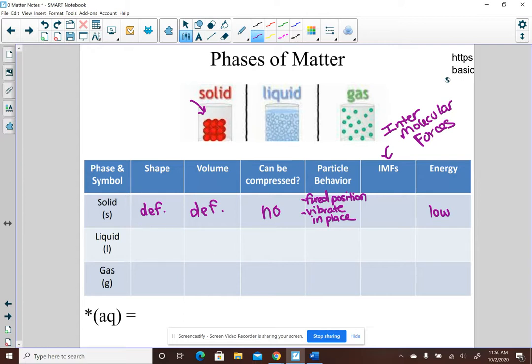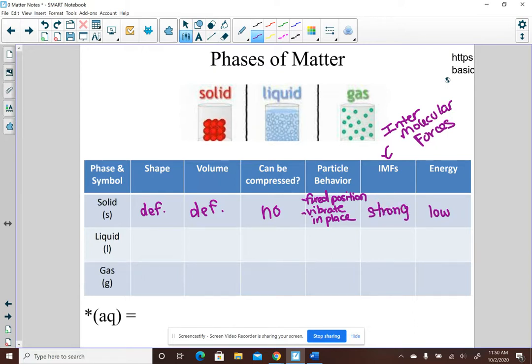So you want to think about how close they are. If things are attracted to one another, they're going to get really close. Where if things are not attracted to one another, they're going to be far apart. So take a look at my solid and look how close together they are. That means that those molecules are very attracted to each other, which means that they have strong intermolecular forces.